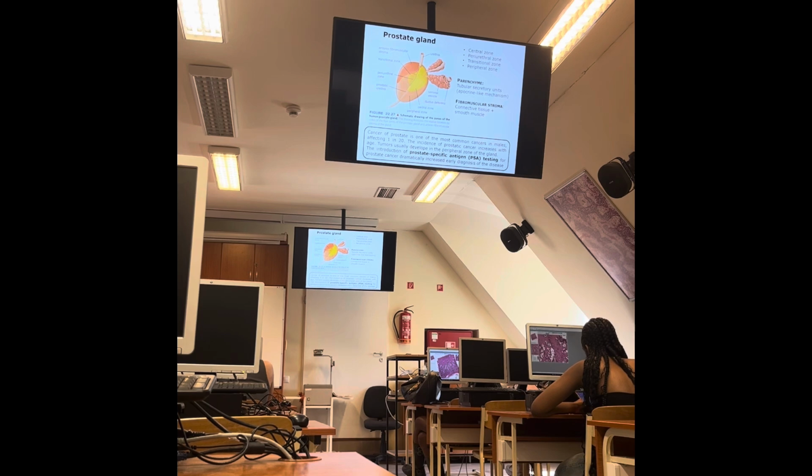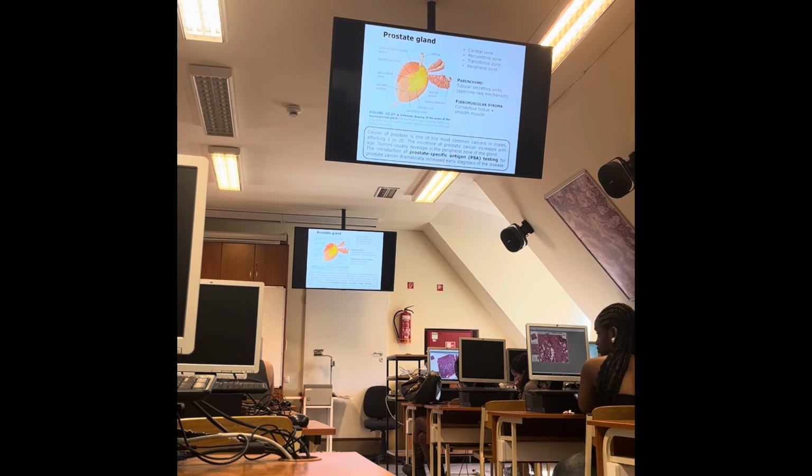The parenchyma of the prostate is made of these tubular secretory units. Again, these have an apocrine-like secretory mechanism, similar to the seminal vesicle, and it also has stroma, a fibromuscular stroma, which is a mixture of connective tissue and smooth muscles. So this is what we will see, and it also has a connective tissue capsule that is also visible in our specimen.